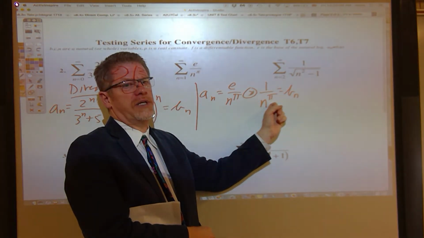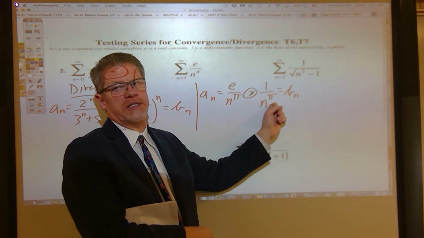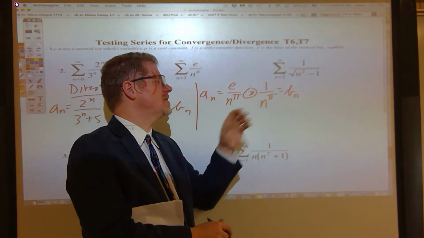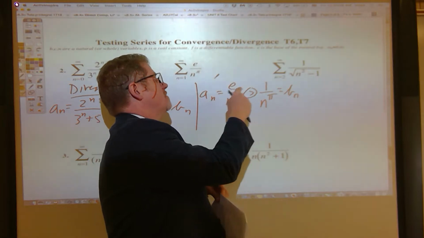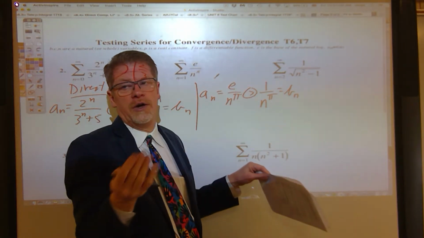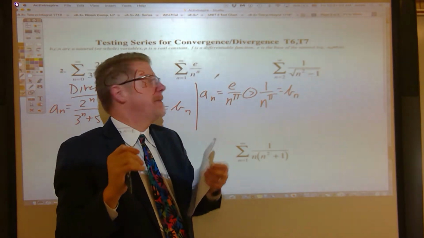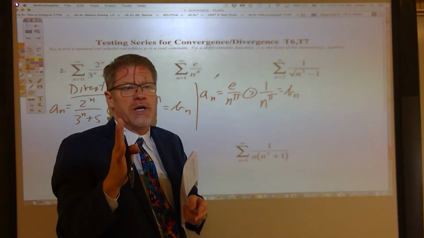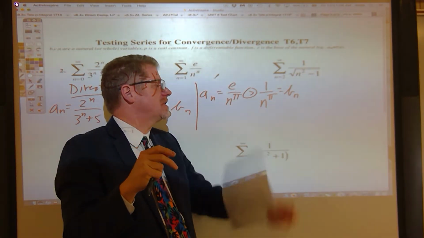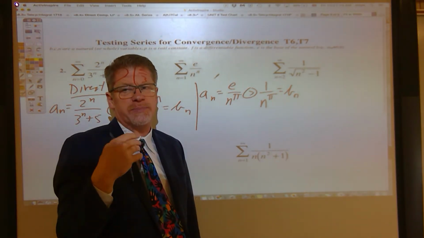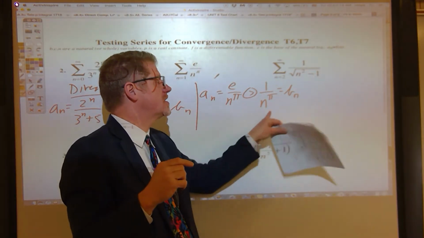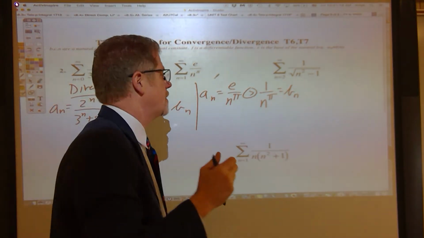A convergent p-series or a divergent p-series? Yeah, it's convergent. So this is no conclusion because this thing is bigger than a convergent series. We need to sandwich a sub n between 0 and a convergent series. So this one doesn't sandwich. It gives you that it's bigger than convergent, which means logically it could either converge or diverge. So that wasn't the right one to pick out of thin air.